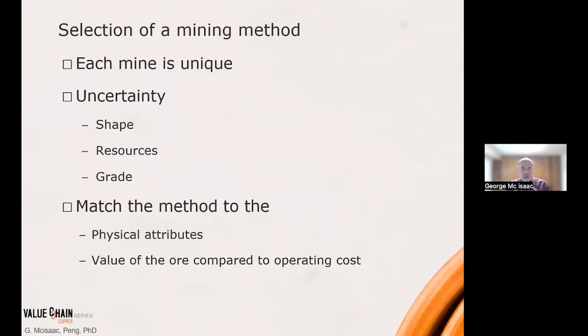But you can be sure that we never know for certain what we have in the ground. Now, once we have characterized our ore body, we have to match the method to these physical attributes. And of course, since we're in this for the money, we wish to apply methods with operating costs lower than the value of the ore that we are mining.